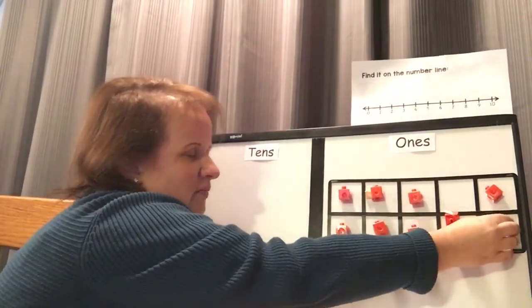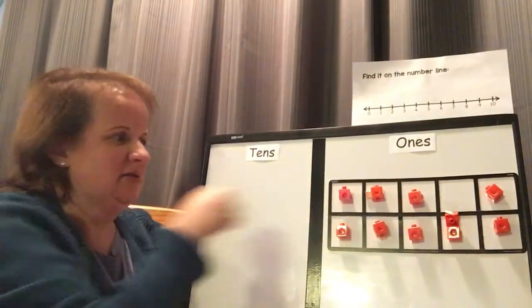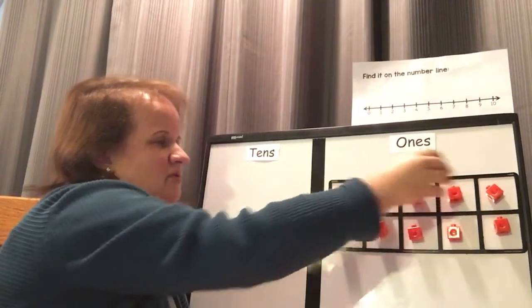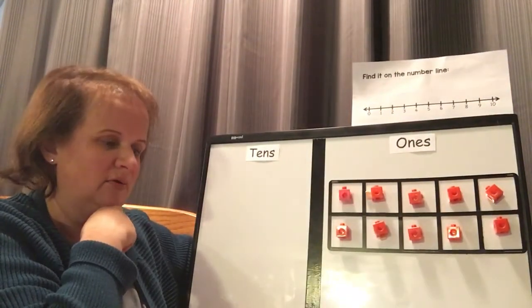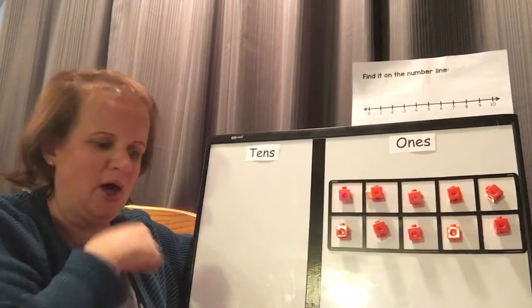Every square on my 10 frame is full, has a block in it. Every 10 square on my 10 frame is full. So that is 10 blocks.